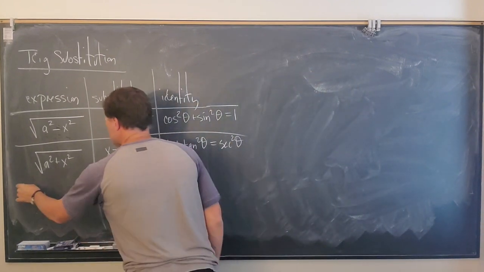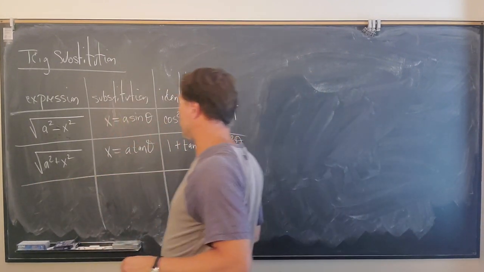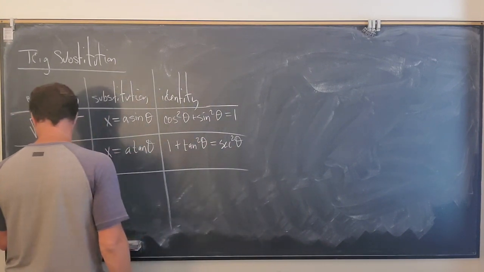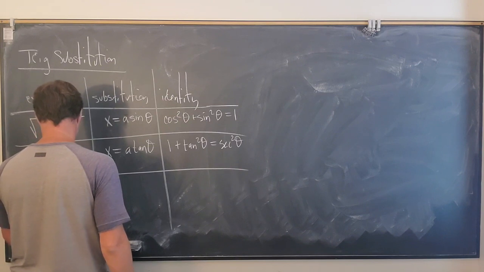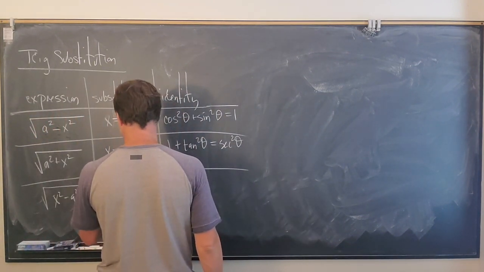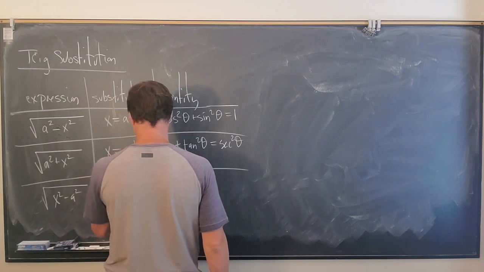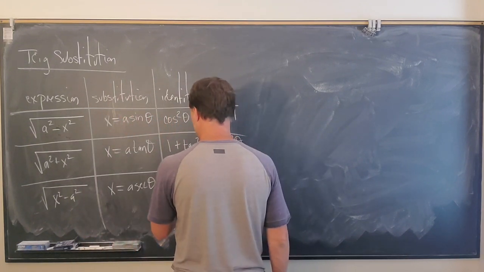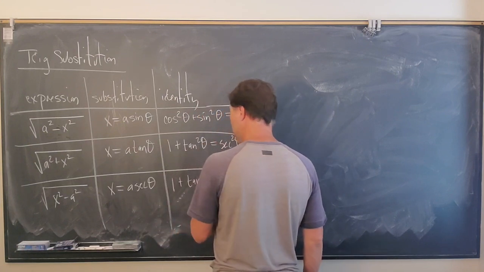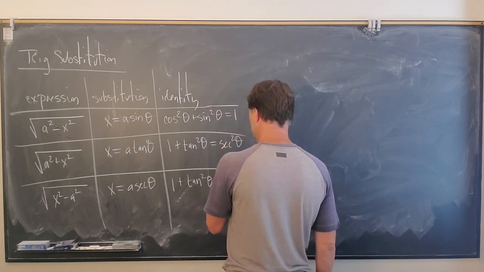And then the last of the expressions that trig substitution is designed to help with is square root of x squared minus a squared. In that case, we make the substitution x equals a secant theta, and we take advantage of the same trig identity as above, 1 plus tangent squared theta equals secant squared theta.